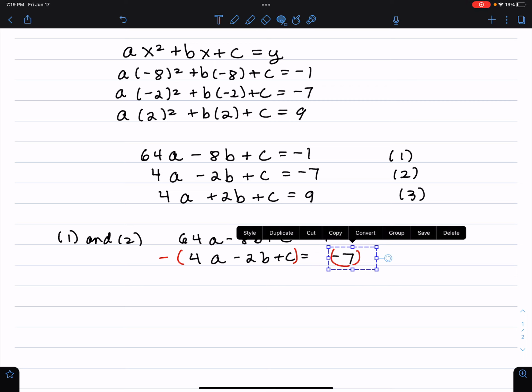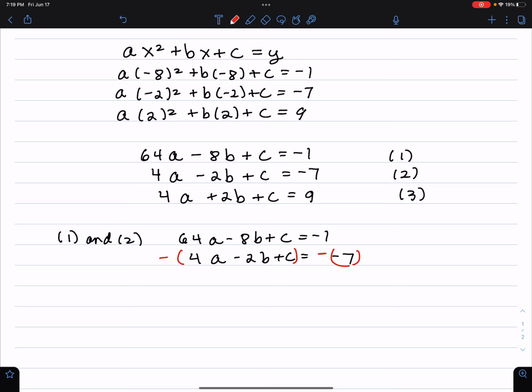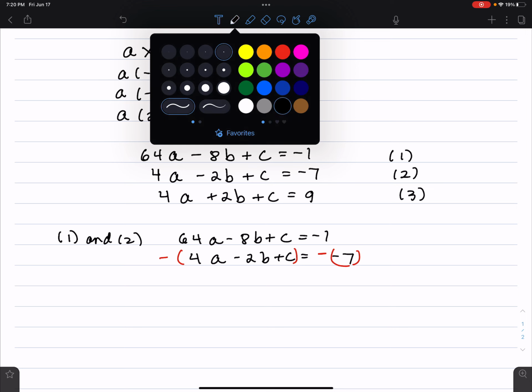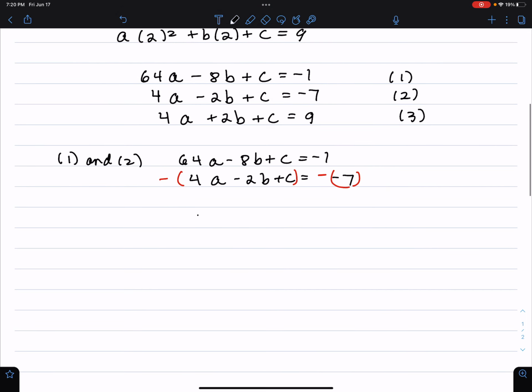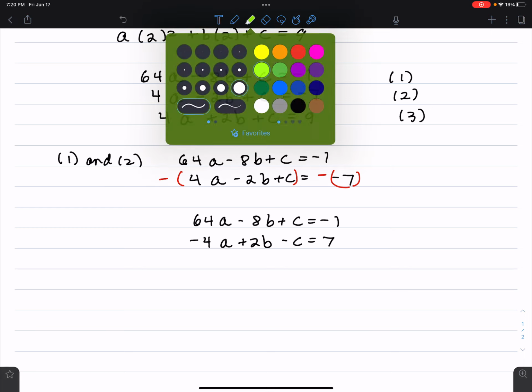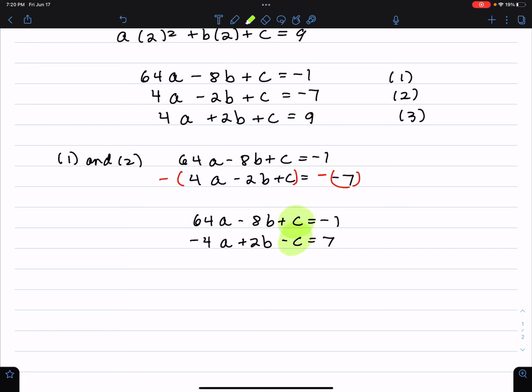Adding the negative is the same thing as subtracting. So I'm going to multiply this second equation by -1. And why would I do that? Because I want to eliminate the c's. That's the easiest one to eliminate. So c plus -c is 0.